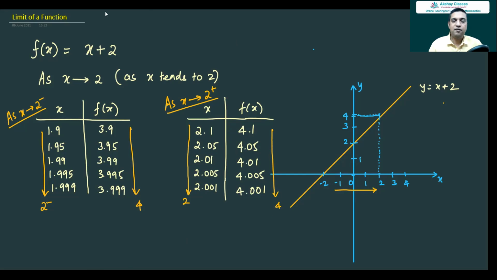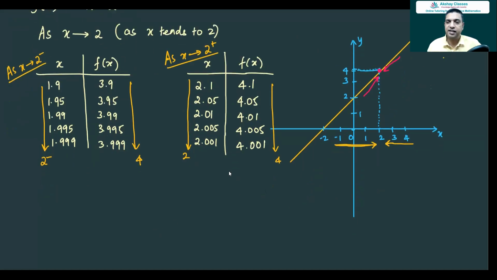So here, look at this graph. As x approaches 2 from the left, the function value approaches 4. This value is 4. Similarly, when we approach 2 from the right side, the function value is approaching 4 again.